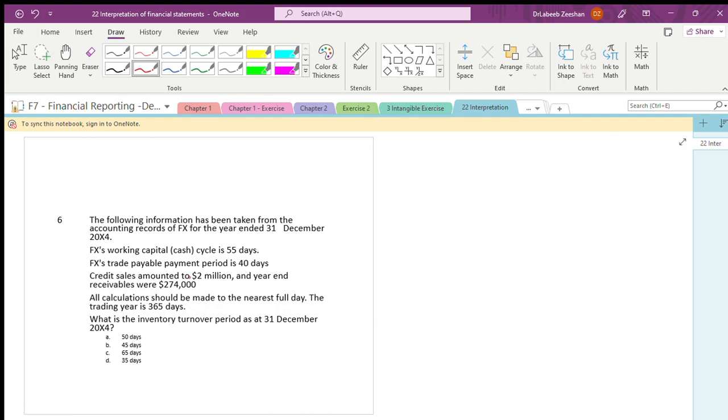Credit sales is 2 million and year-end receivables are how much? 274. All calculations should be made to the nearest full day. The trading year is what they are saying. What is the inventory turnover period?